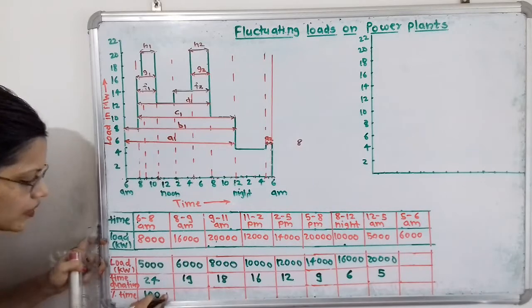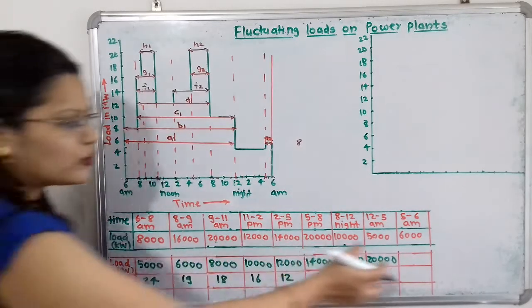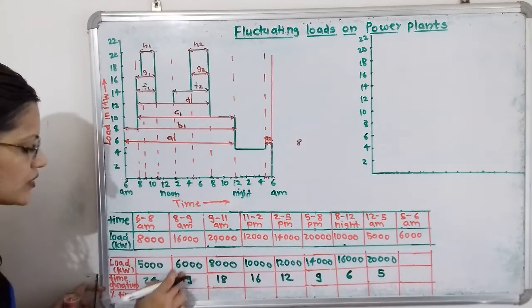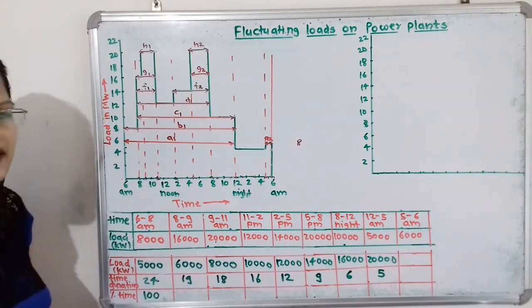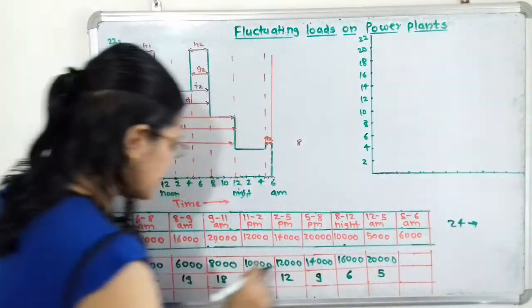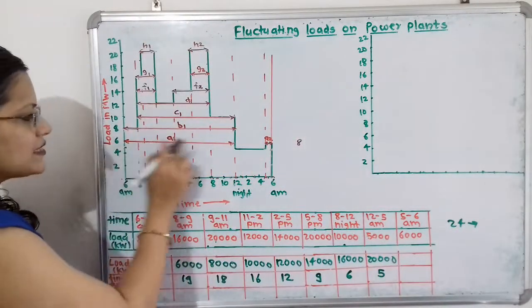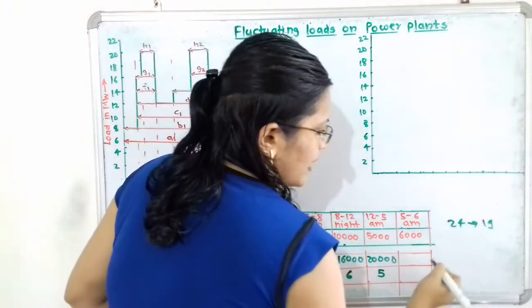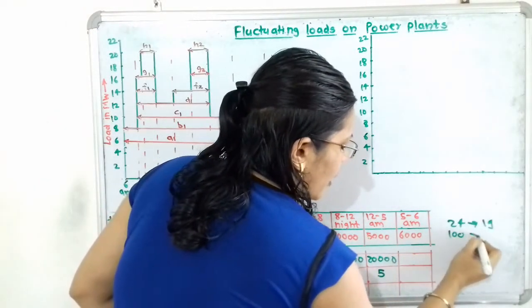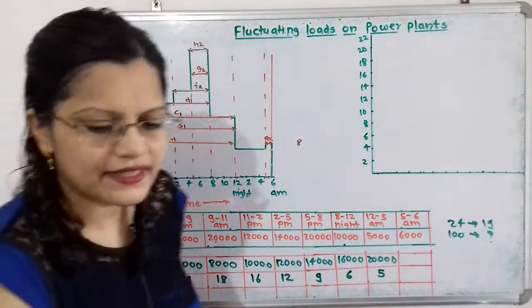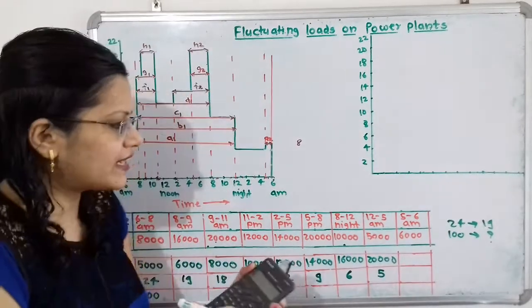Now it is important, I will show here a rough calculation also. So how to calculate? The second number is for 19 hours. So from these 24 hours, this 6 megawatt load is available for 19 hours. So out of 100, how many percent is there? So 19 multiplied by 100 divided by 24.